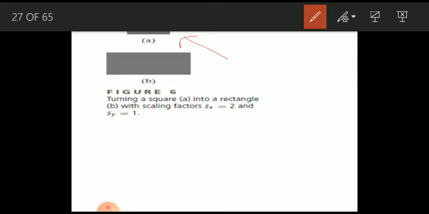So you will arrive at the object that looks exactly like the figure number B. That means you have transformed a square object into a rectangle by applying scaling, that is sx equal to 2 and sy equal to 1.